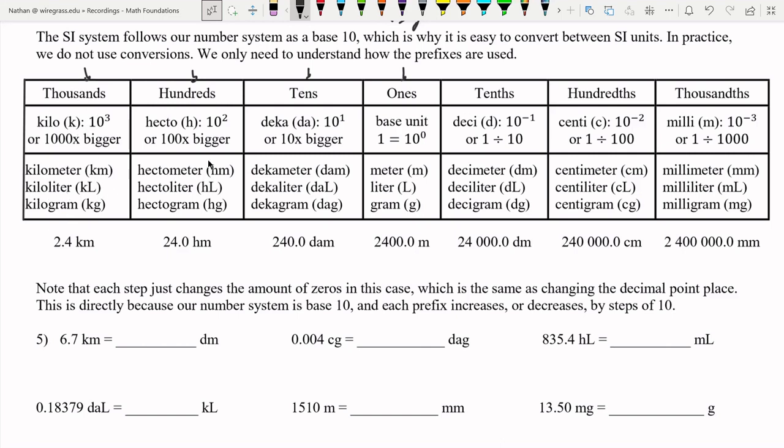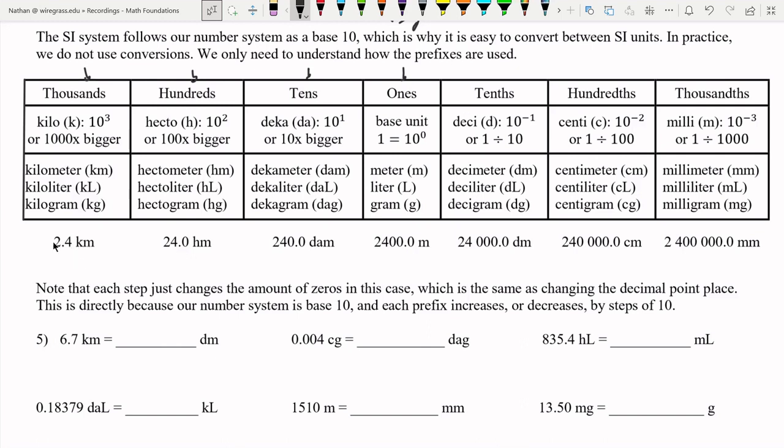They're 1,000 times bigger than the base unit. Likewise, if you go to the right, we get the tenths place, which is deci: decimeter, deciliter, decigram. The hundredths place is centi: centimeter, and so on. Thousandths is milli: millimeter, and so on. So you can see here that I have this conversion here.